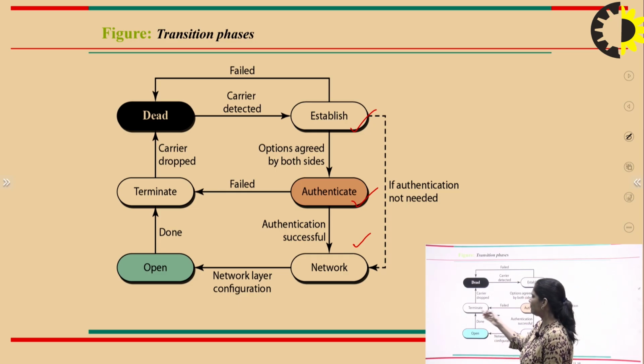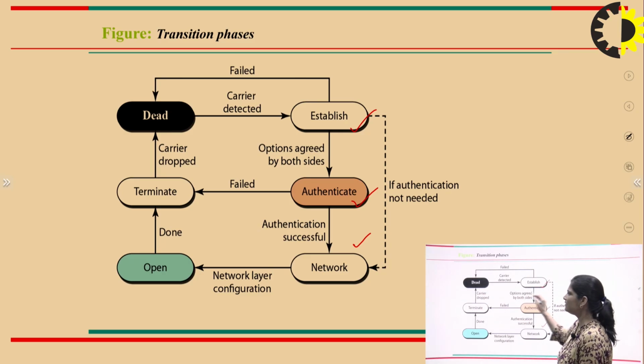Then when you are sending data from sender to receiver and getting the acknowledgement, we have to terminate the connection. So these are the phases of transition when we are sending data from sender to receiver.